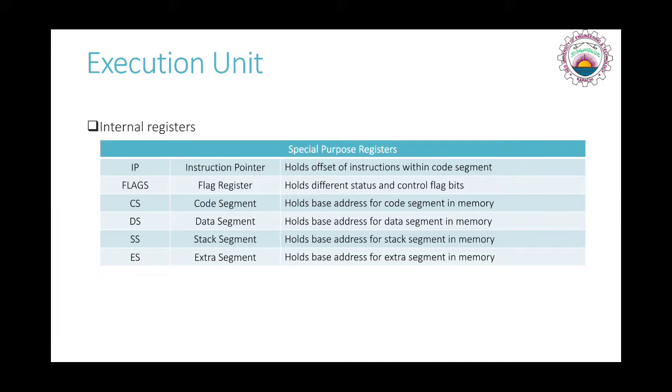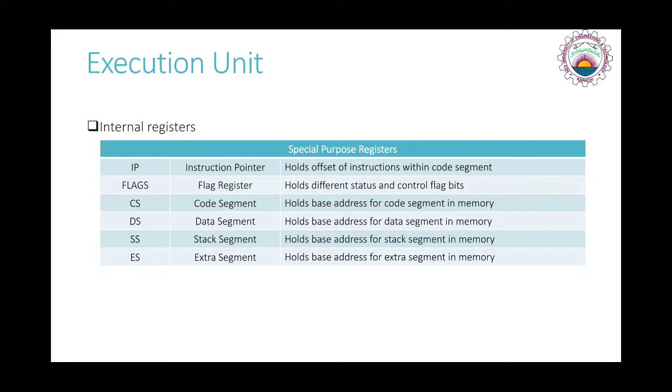In this slide, we are having a list of registers. These registers are also of 16-bit, and these registers are called special purpose registers. The first one is IP, instruction pointer. Instruction pointer holds the offset address of instructions within code segment.